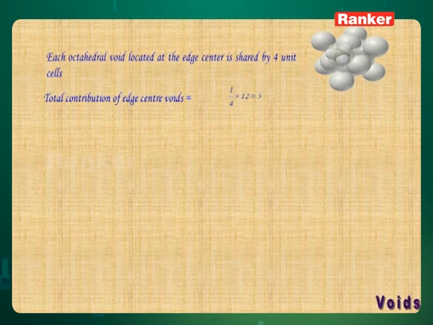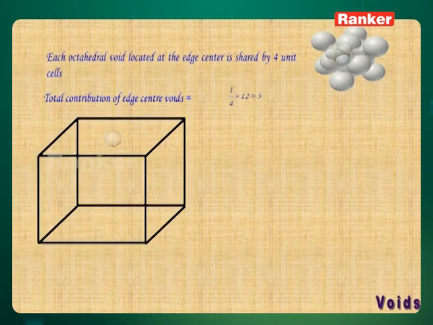So basically the position of an octahedral void in FCC is at the edge center and at the body center. This is the body center. The one we have seen earlier is the octahedral void formed at the edge center. Now here you see the red ball.